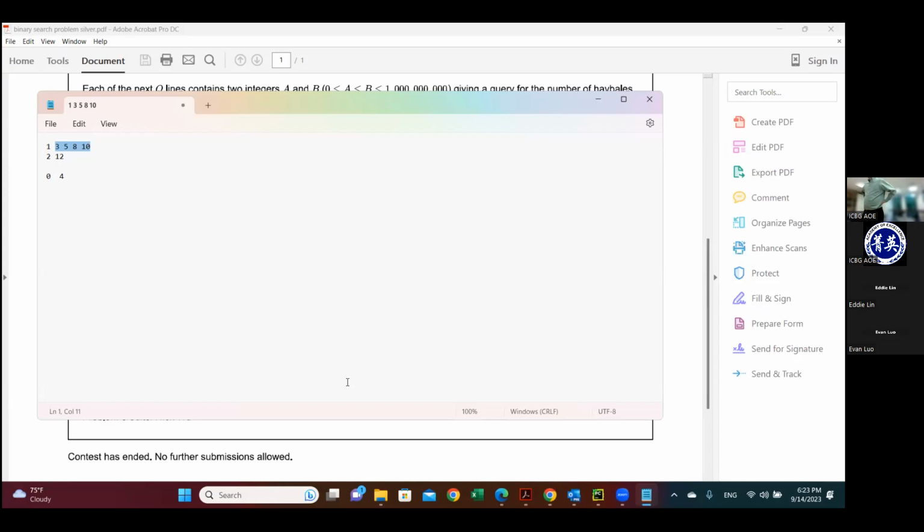So the binary search, when you do that, yes, you can only find it when it is there. But you need to make a change to that binary search so it can return the left bound.